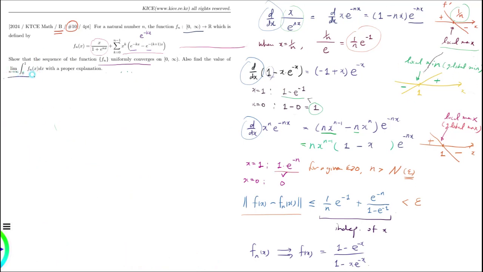For the integration part, let me give you a short comment on this integration here. Since this sequence of functions is uniformly converging to its target function, okay, so the limiting value of this integration is the same as the integration of its target function.